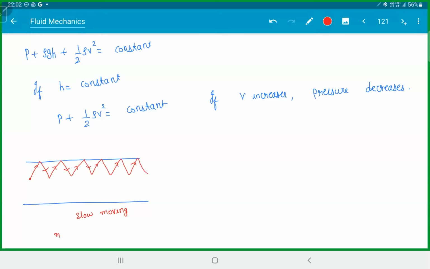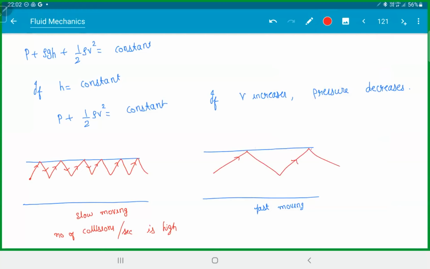The number of collisions per second is high. Suppose the liquid started going faster. Did you see the collisions decreased?